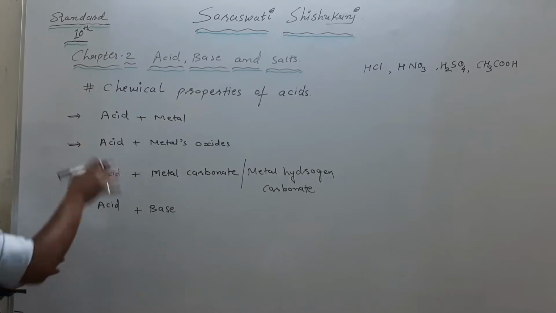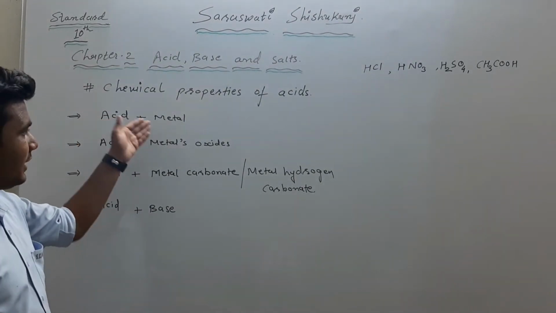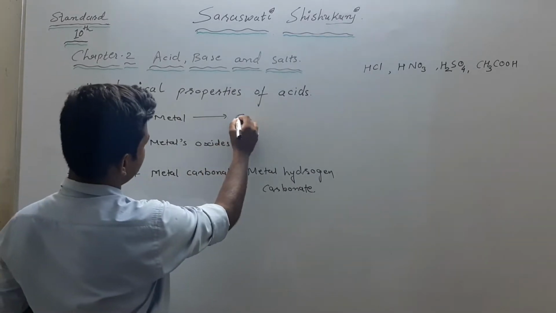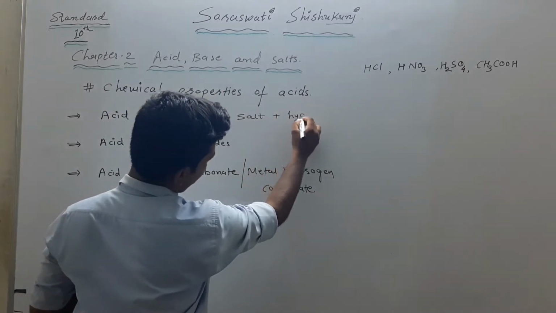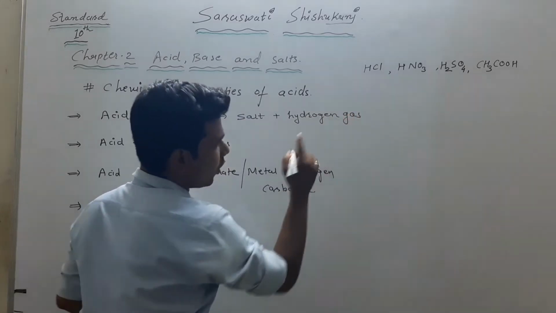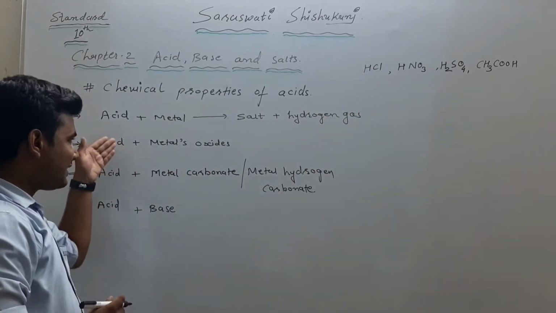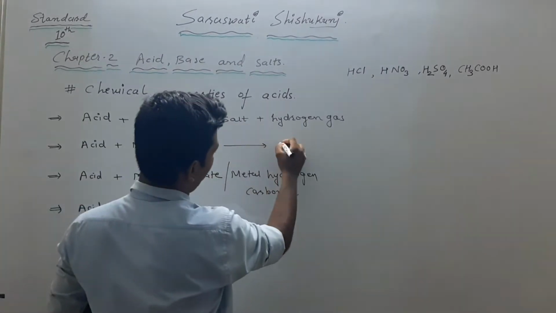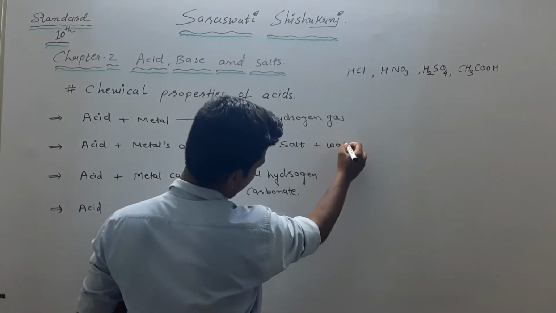Here I will first explain the common reactions. When any acid reacts with a metal, it gives us salt and hydrogen gas, or dihydrogen. When acid reacts with any metal oxide, it will always give us salt and water.